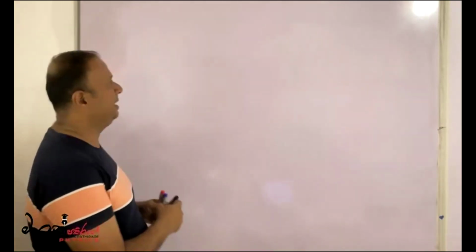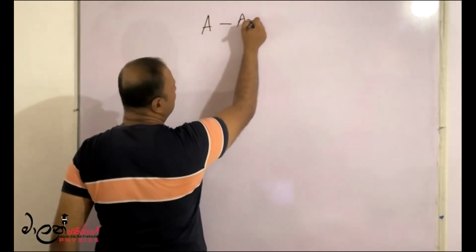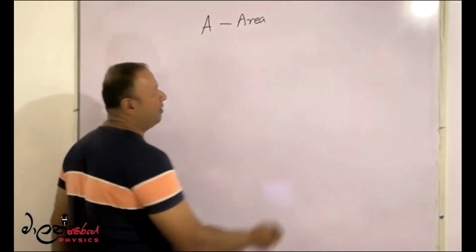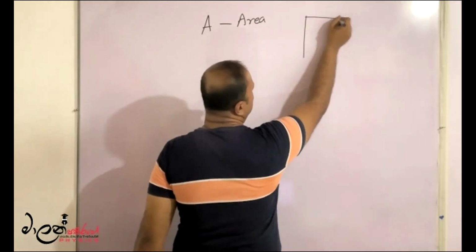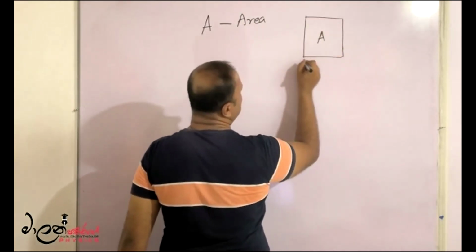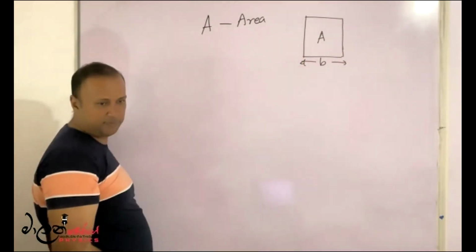Now it is given: capital A is the area of a square, and the side length is b.